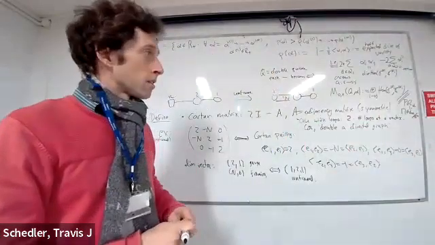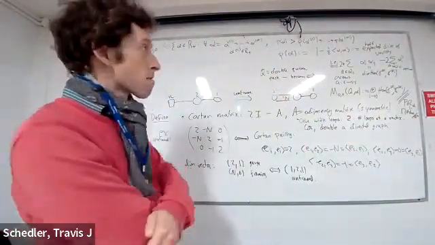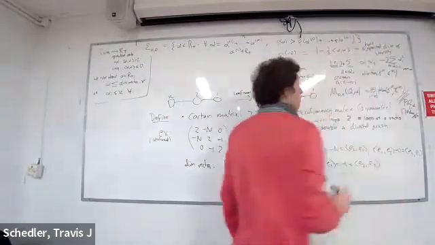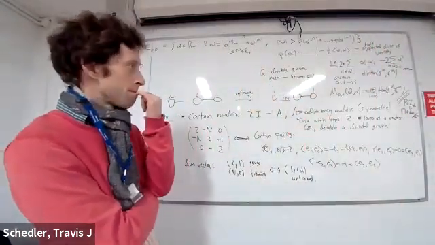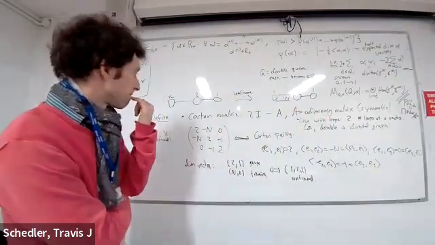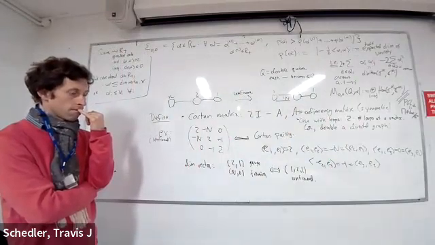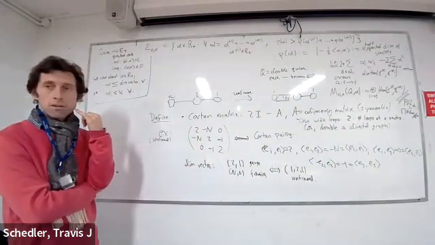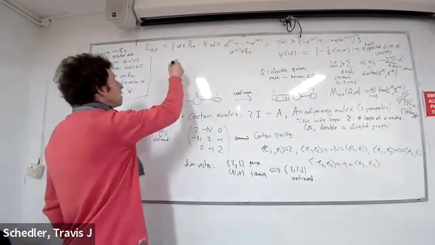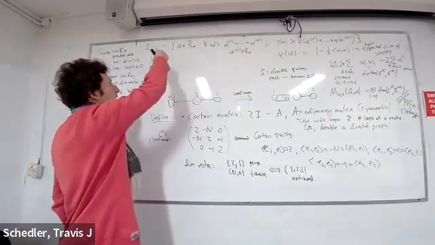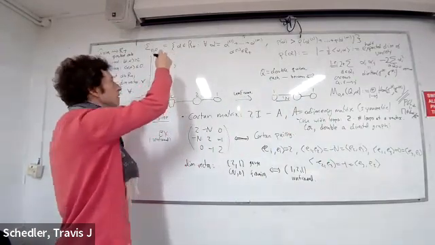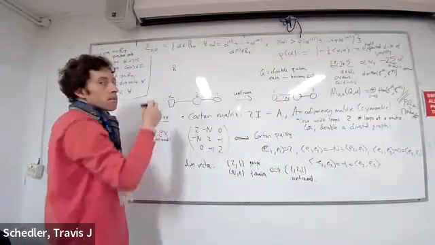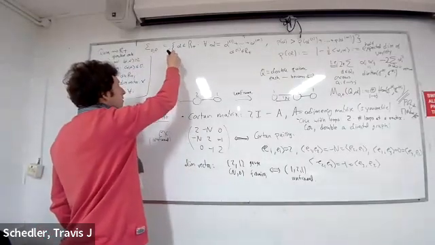So for example, we have two quivers. One is one node of N with many loops, let's say g loops.